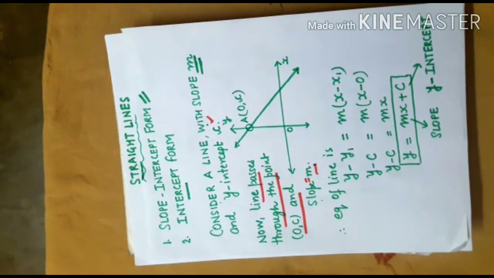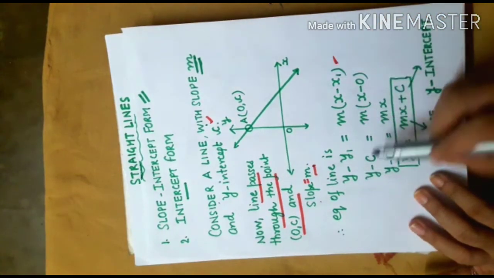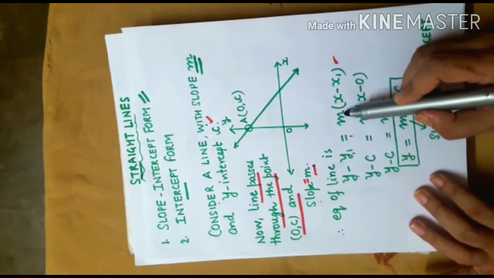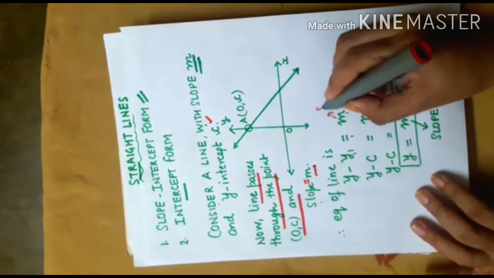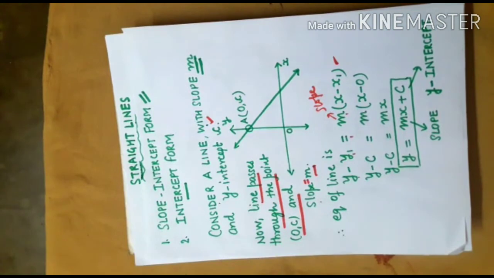Now when slope is given and a point on the line is known, can we write the equation? Yes. We can write the equation using this form: y minus y1 equals m into x minus x1, where m is the slope and x1 comma y1 are the coordinates of the point through which the line passes.